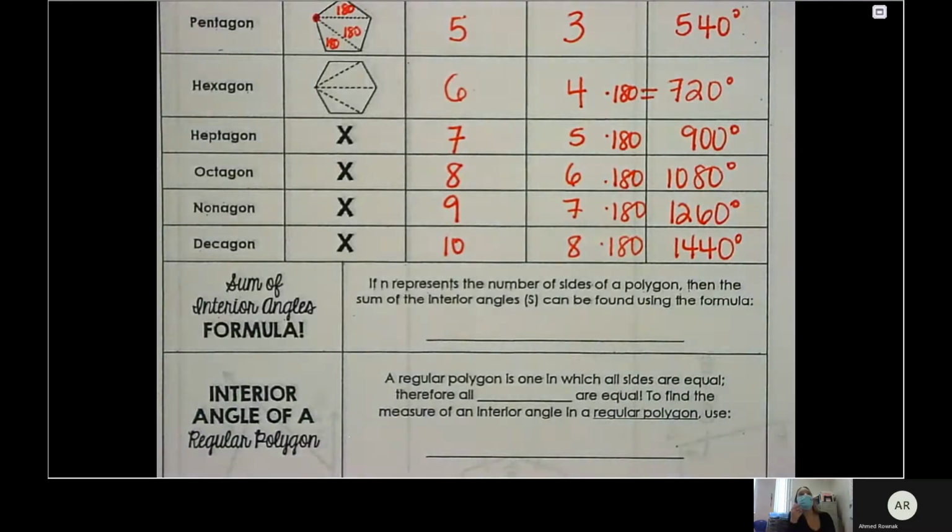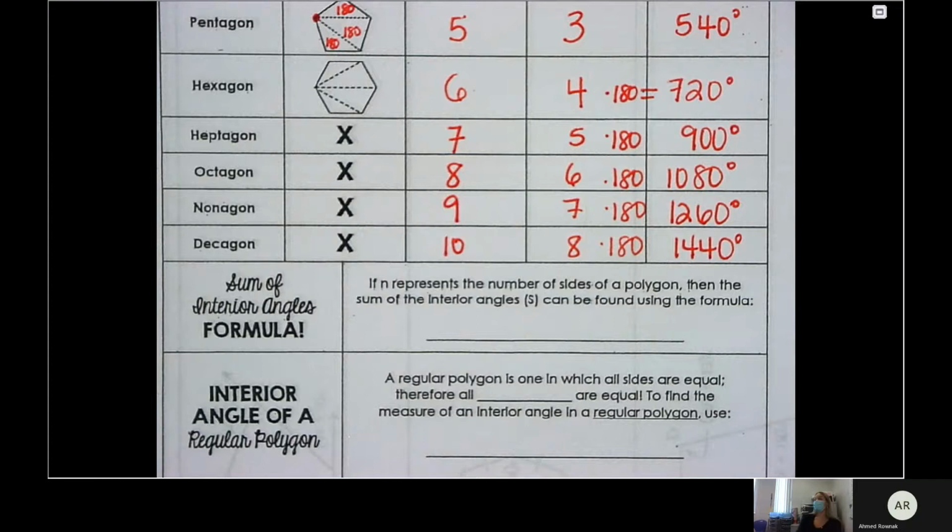All right, so check yours with mine. You tell me if we got the same thing. For degrees, I got 900 for a heptagon, 1080 for an octagon, 1260 for a nonagon, and 1440 for a decagon. Did we get the same thing?